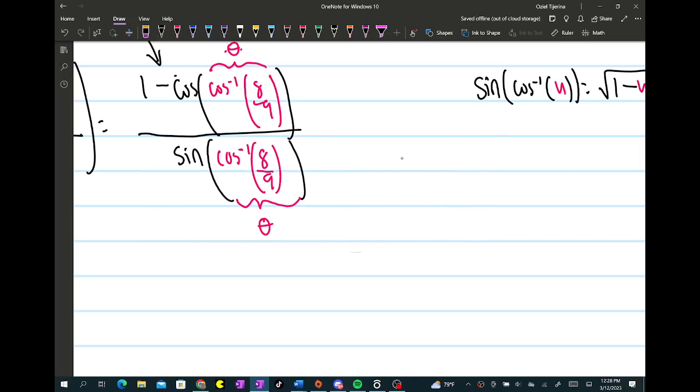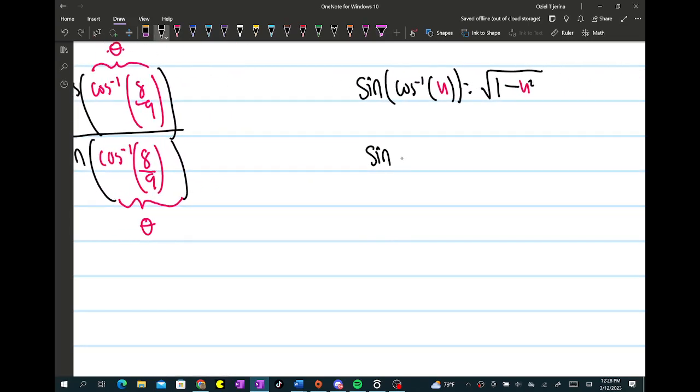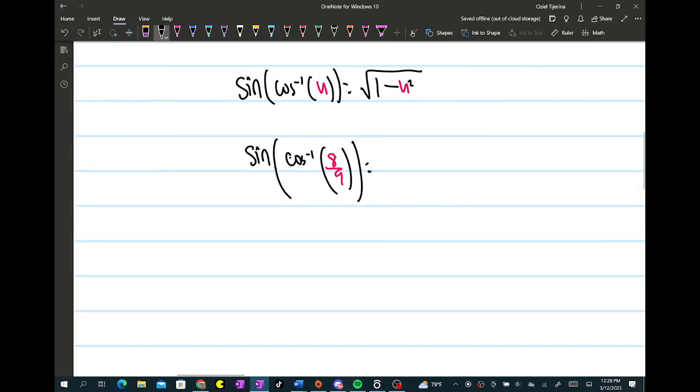So I'm going to work that out. Sine of cosine inverse of 8 over 9 is equal to the square root of 1 minus the quantity 8 over 9 squared.